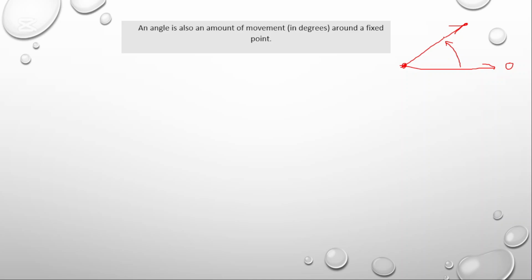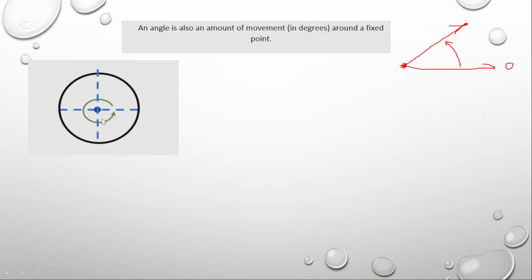Right, so I will explain each type of angle to you now. Okay, we start with our first one. What was the movement here? The movement was from there right around the fixed point. This line here is for 90 degrees.